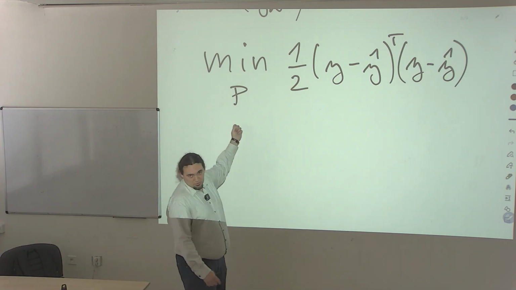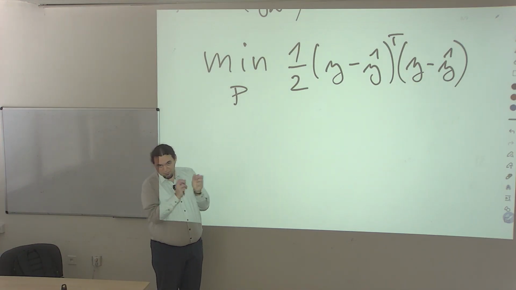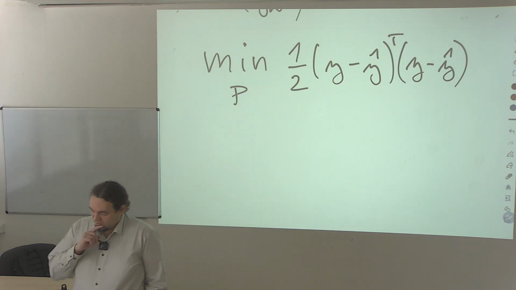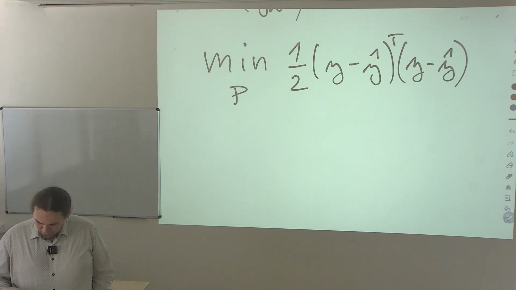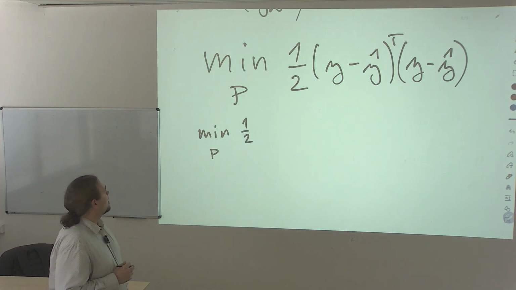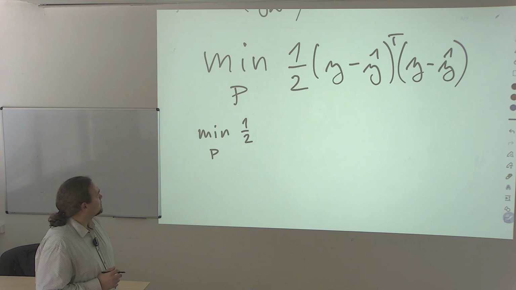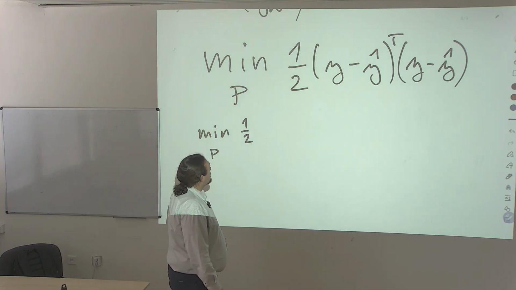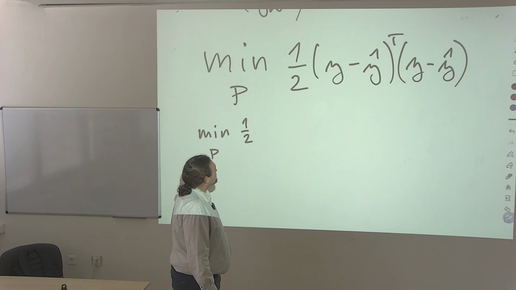It should be scalar because the sum of squares is just a scalar value. We are just minimizing the sum of squares. So let's first find out how we can write this multiplication down. How to do that?